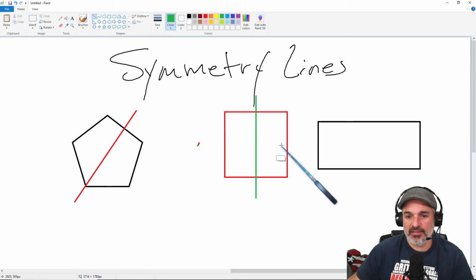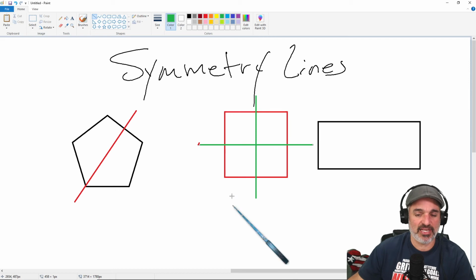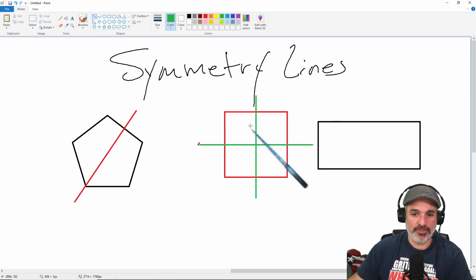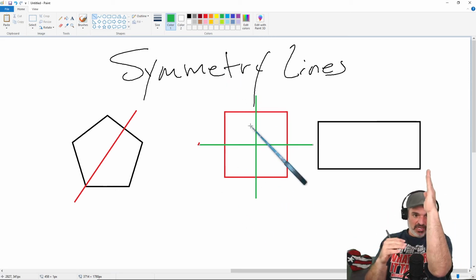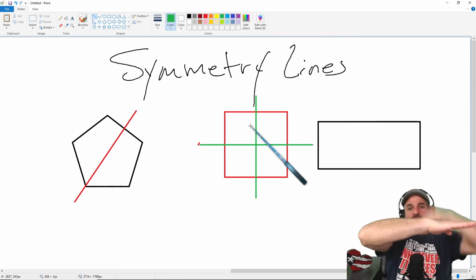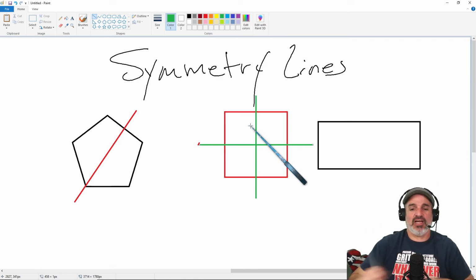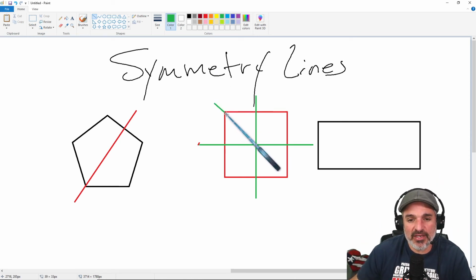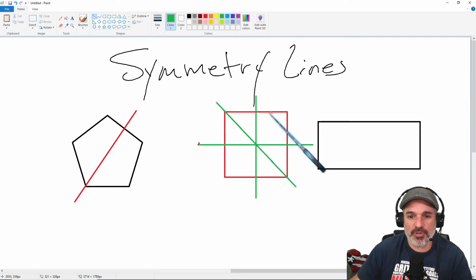If you draw a line horizontally, you're going to find that yes, it has symmetry, because this part here is the same as this part here. I didn't erase the first line, but you can actually tell that I did this one first. So two parts, one symmetry line, two equal parts, another symmetry line, and then if you do one from here to here, look at how interesting this property of the square is.